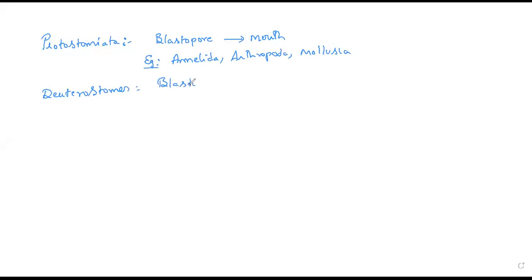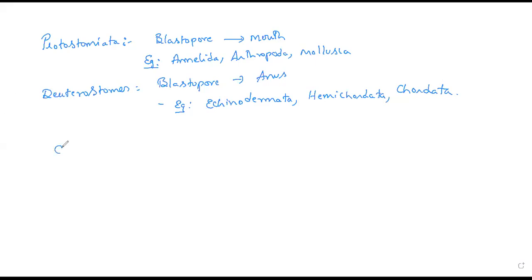If the blastopore first develops into anus, it is called a deuterostome. Examples: Echinodermata, Hemichordata and Chordata. So if the blastopore develops into anus, we call that deuterostomes.